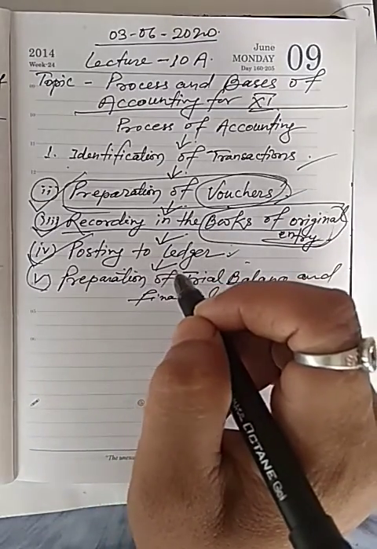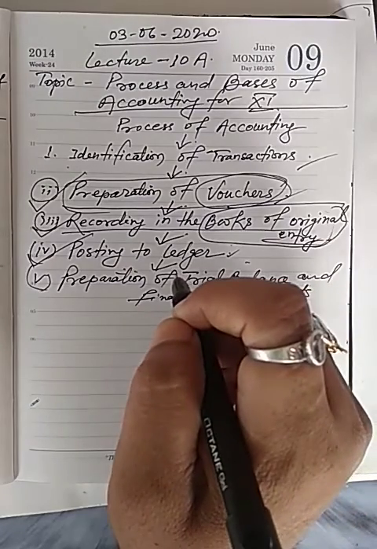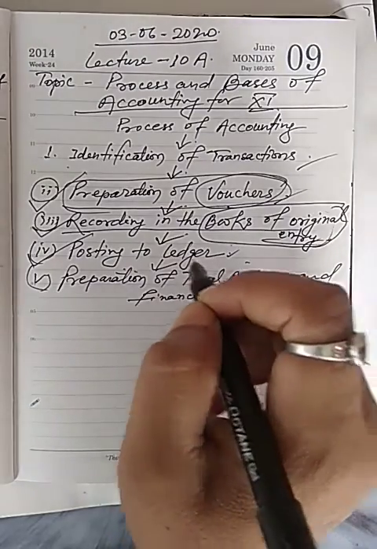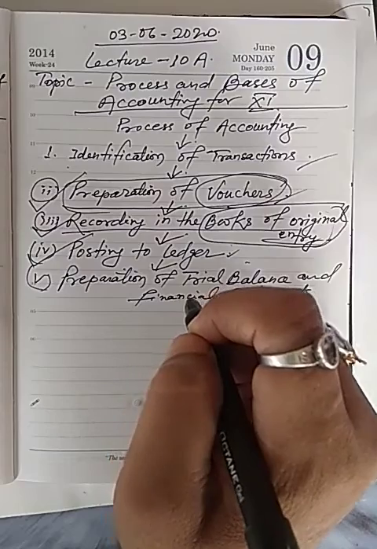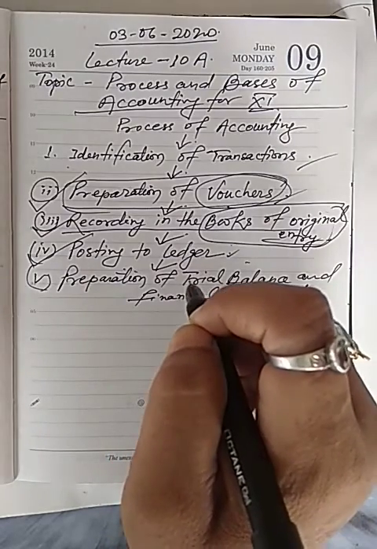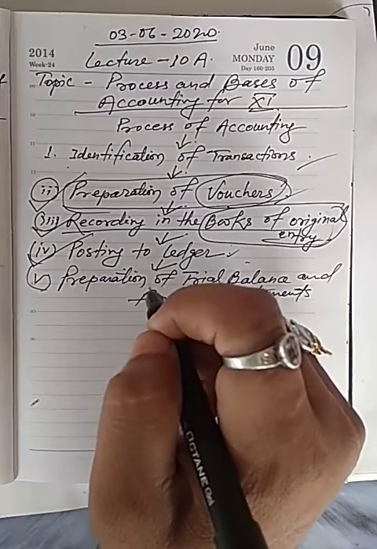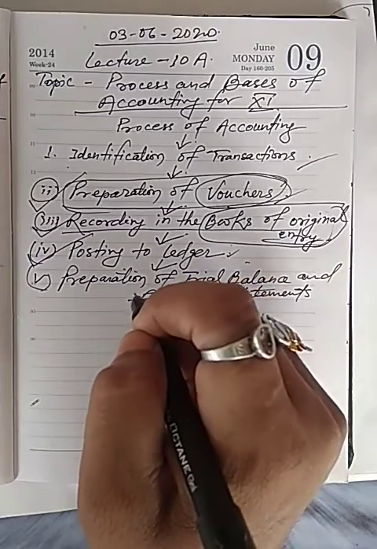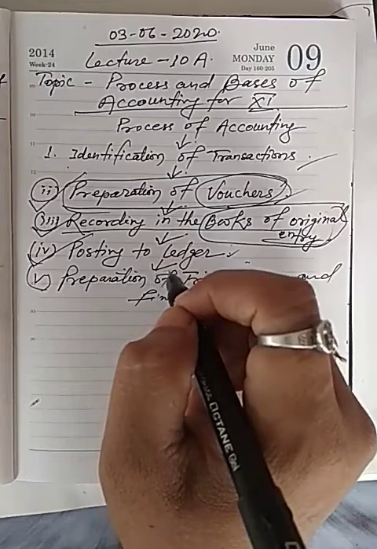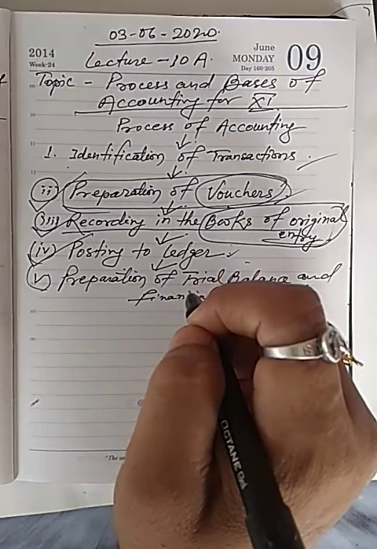A ledger is the principal book of account in which all the transactions ultimately find their place under their respective accounts in a duly classified form.